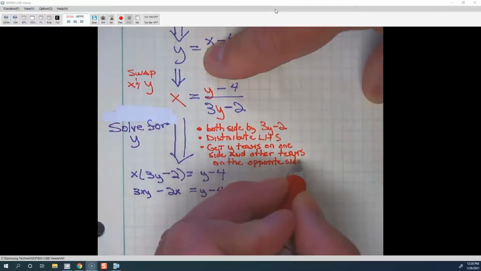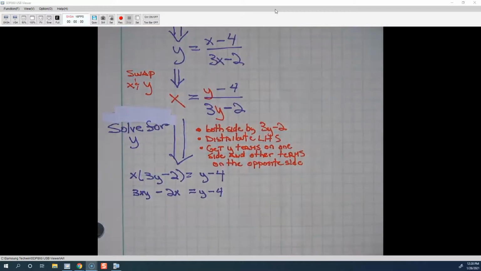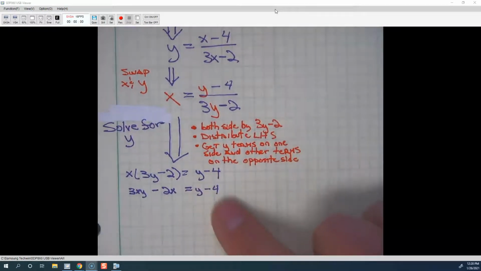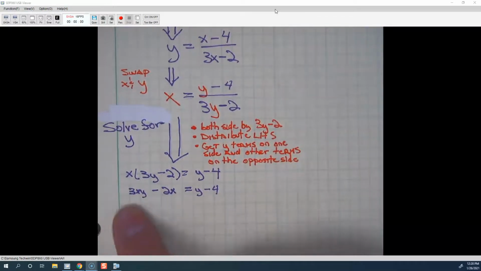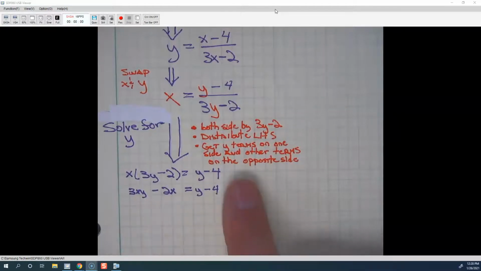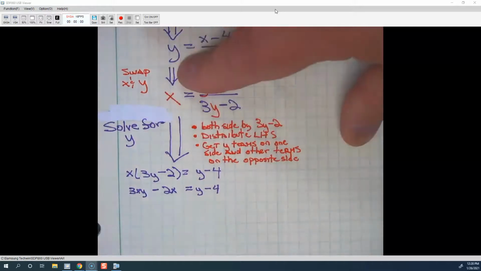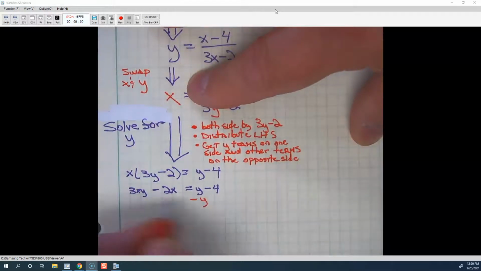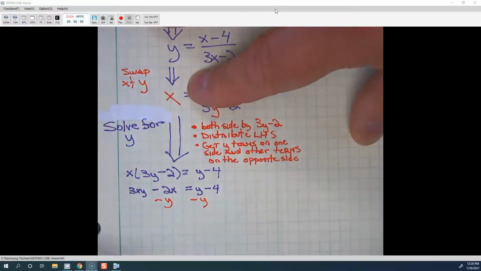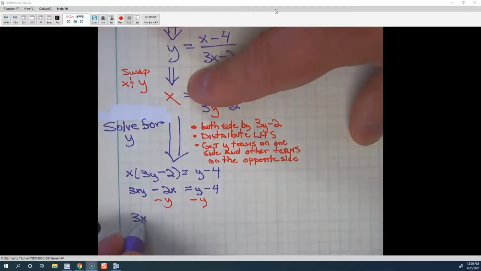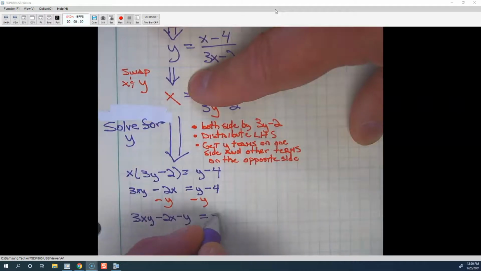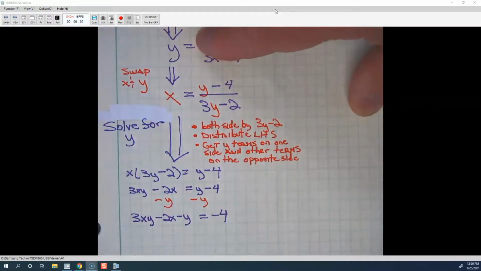And I'll post these notes along with this video. Okay, so I'm going to move this y over here, and I'm going to move this 2x to the right. I'll do it step by step. And then I'm going to move the 2x over.